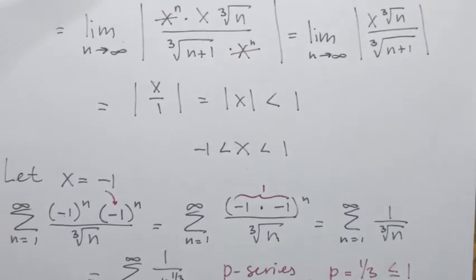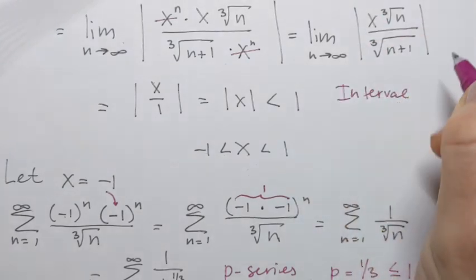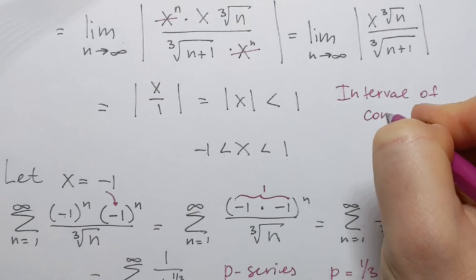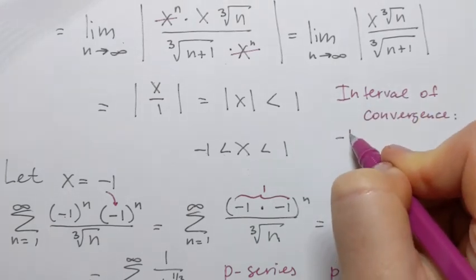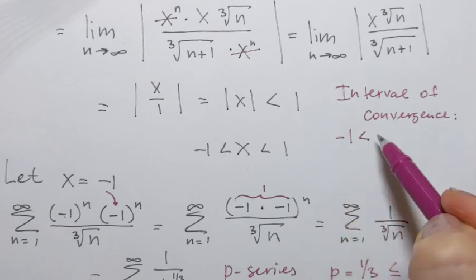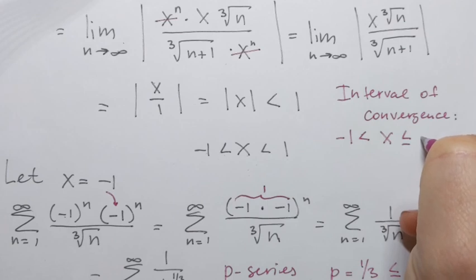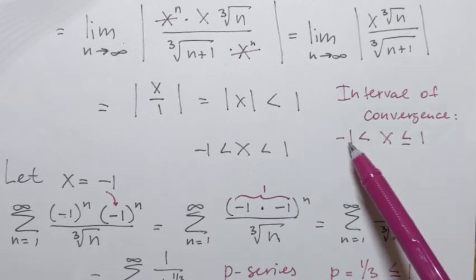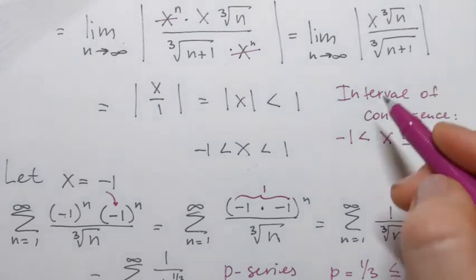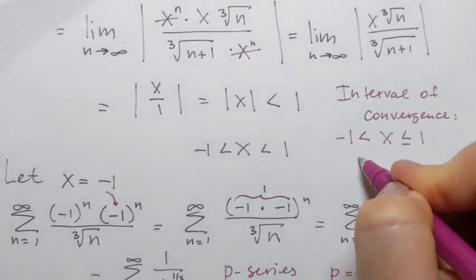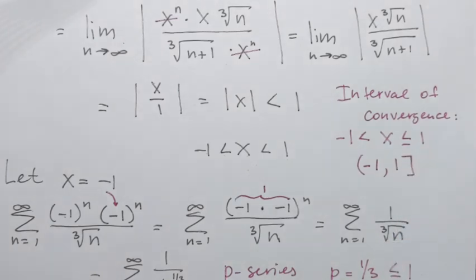So the interval of convergence is x between -1, not including -1, and 1 including 1. So less than sign here and less than or equal to sign here. I can also use interval notation and write it like that, from -1 to 1 with the bracket, right?